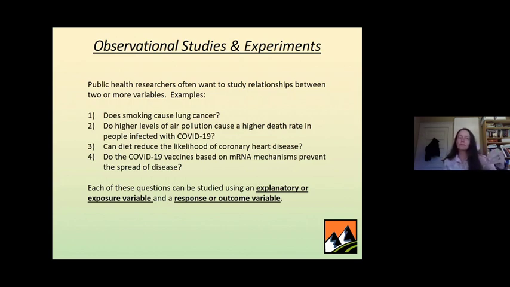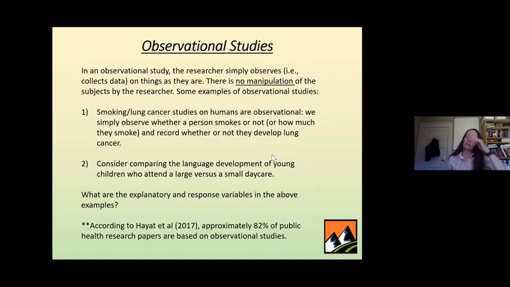And that cause and effect relationship can be very tricky. And there are a number of reasons for that. But let's start with observational studies and look at what an observational study is.